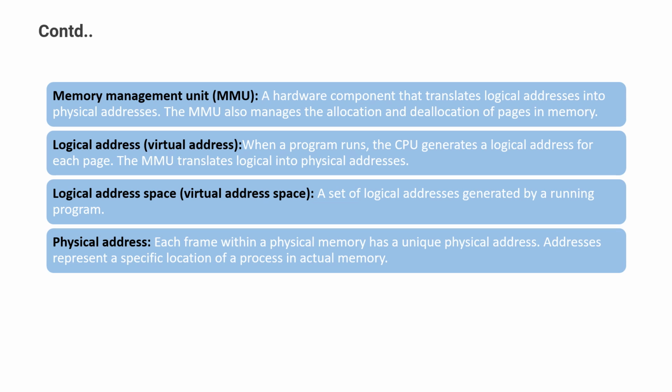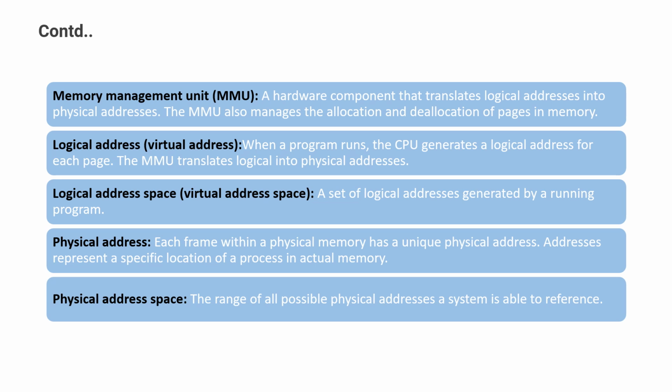And physical address: each frame within the physical memory has a unique physical address, and the address represents a specific location of the process in actual memory. The address which represents the specific location is termed the physical address.